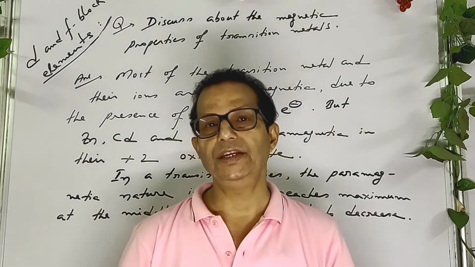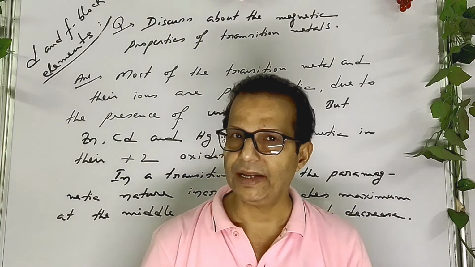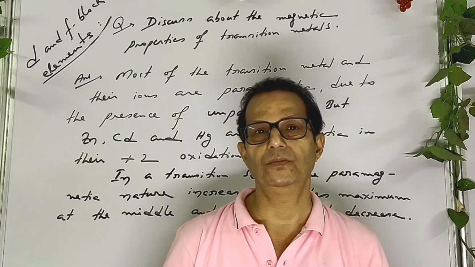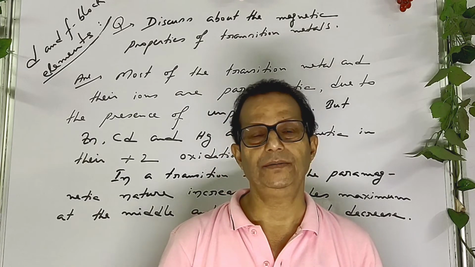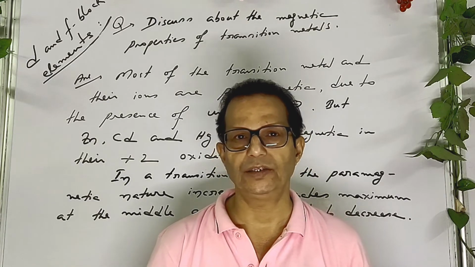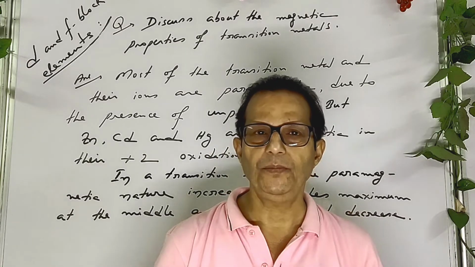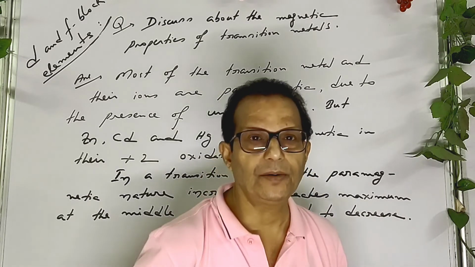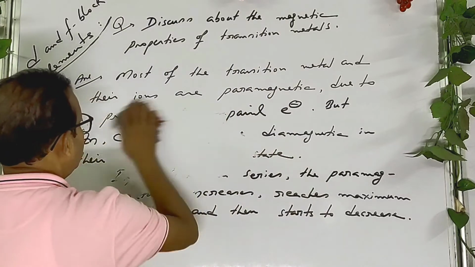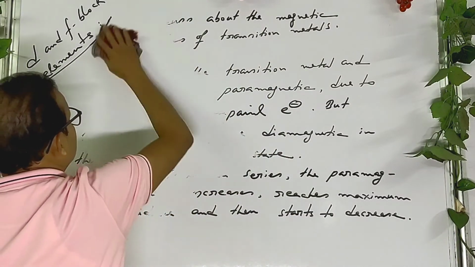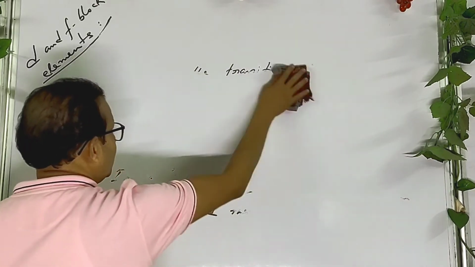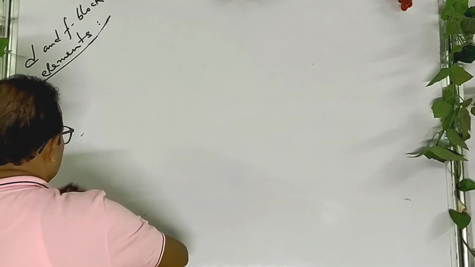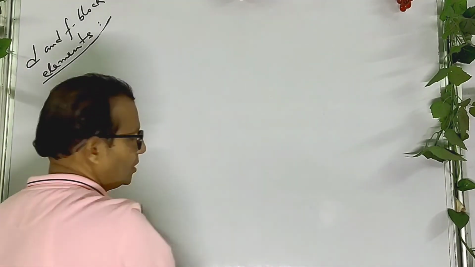The paramagnetic nature or paramagnetic character, which is called paramagnetism, can be calculated numerically in terms of magnetic moment. That's another important question, magnetic moment. So remember it, the paramagnetism can be calculated in terms of magnetic moment.